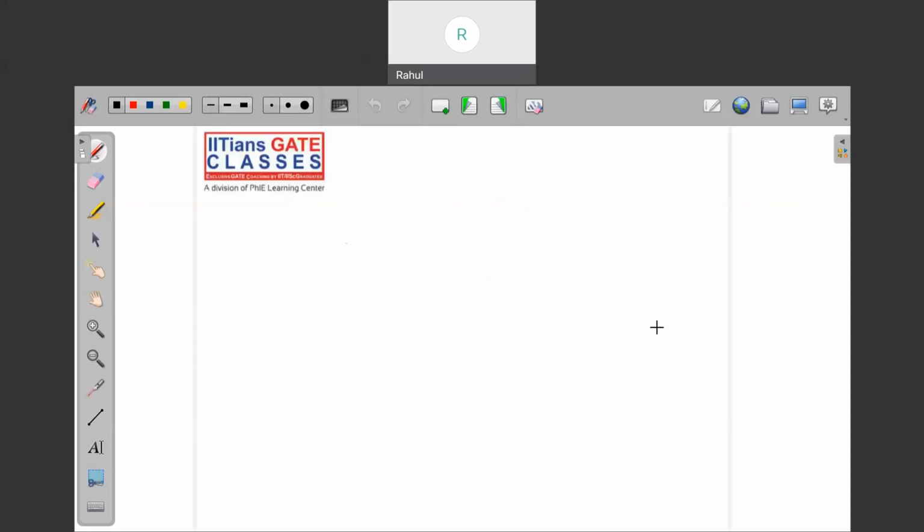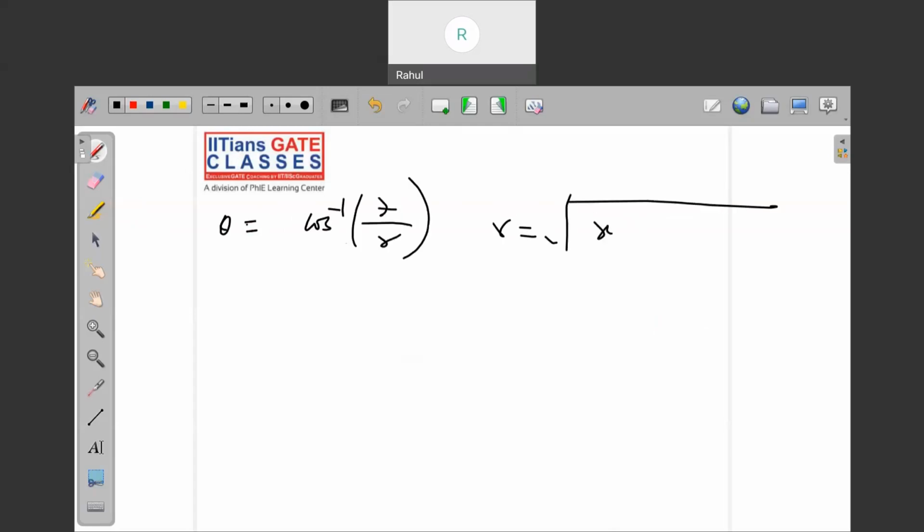Now, what you can do here is find theta directly. So theta will be equal to cos inverse z by r, where r is x square plus y square plus z square.